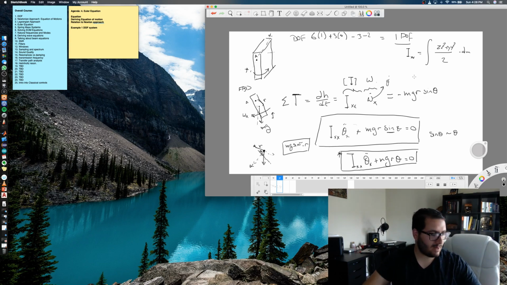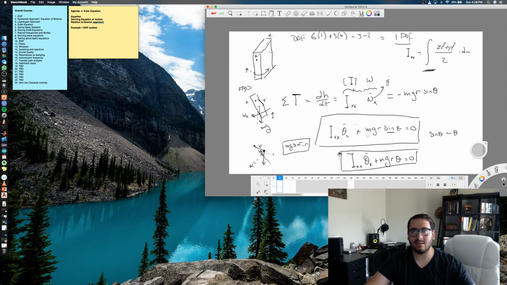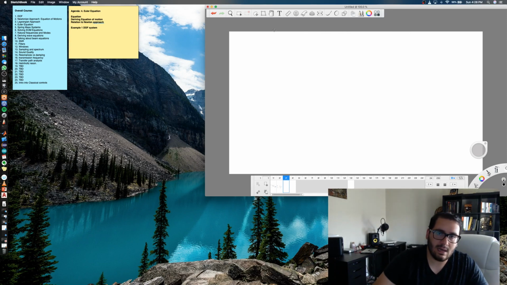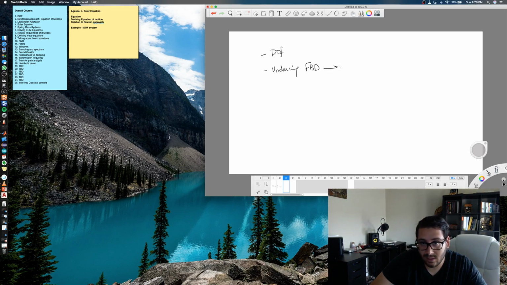I don't have the sheet around me where I have the notes for this, but it's as simple as this. The Euler method is a great method. So if I were to recap real quick: degrees of freedom, understanding free body diagrams, and it's very important to understand your coordinates. This is my screwed up coordinates.